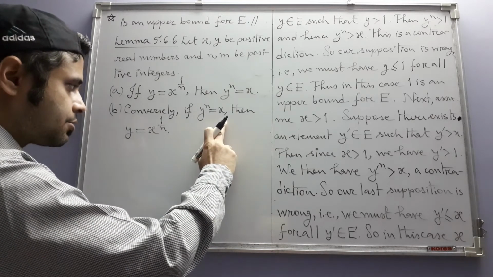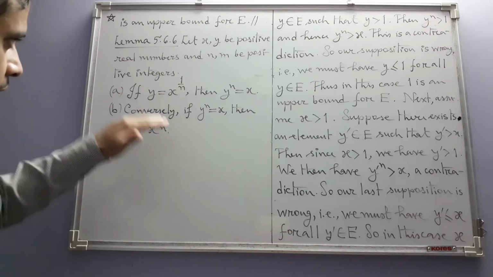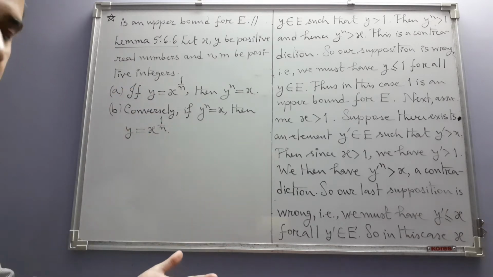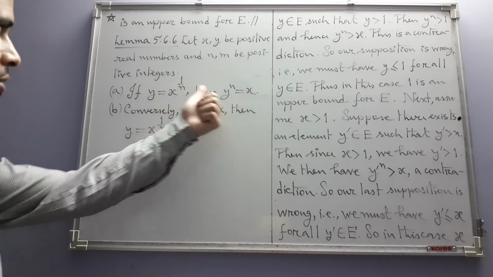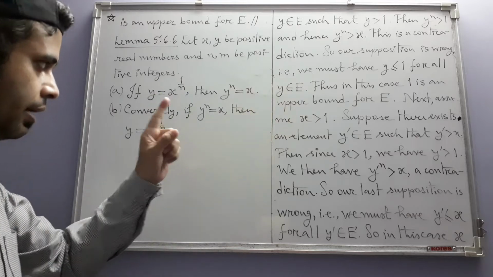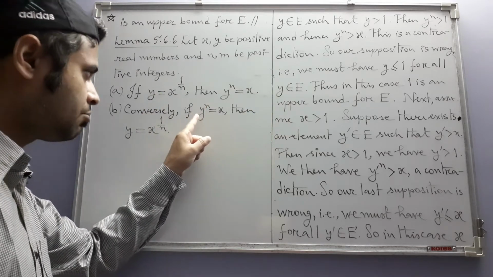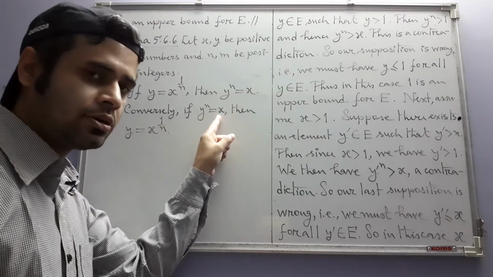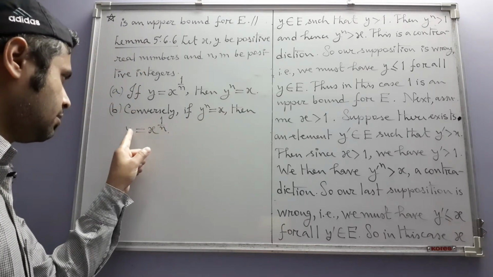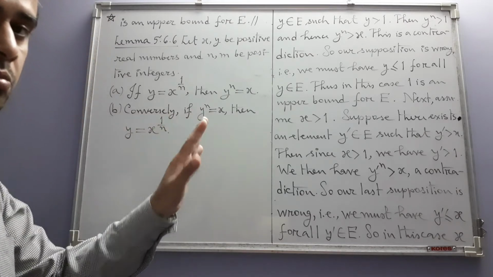So these two things say something about the nth root. First of all, the nth power of the nth root equals the original number, and if the nth power of some positive number equals the original number, then that positive number must be the nth root. It cannot be something else.